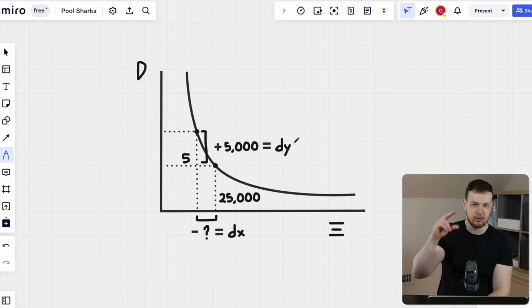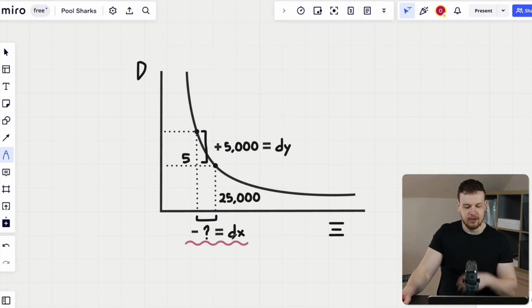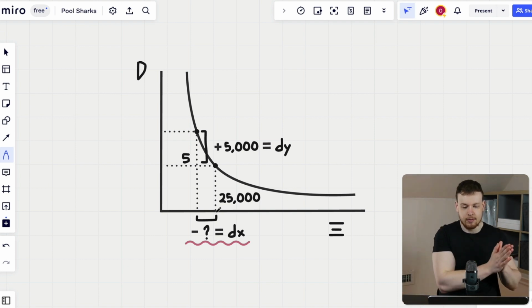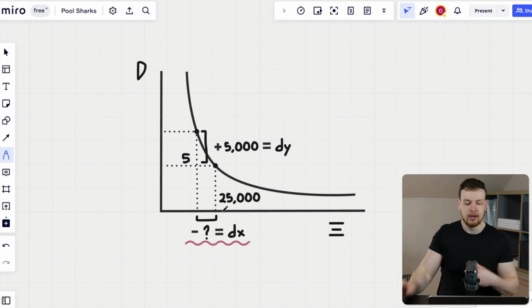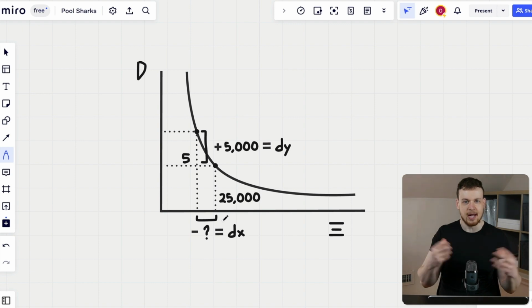So this change in Y, this dy, is this 5,000 value. And then there's a corresponding change in X, this dx, which is the amount that we moved to the left, which is the amount that the pool decreased the balance of token X, which is Ether, which is essentially the balance that the trader got out after they put their 5,000 DAI in.